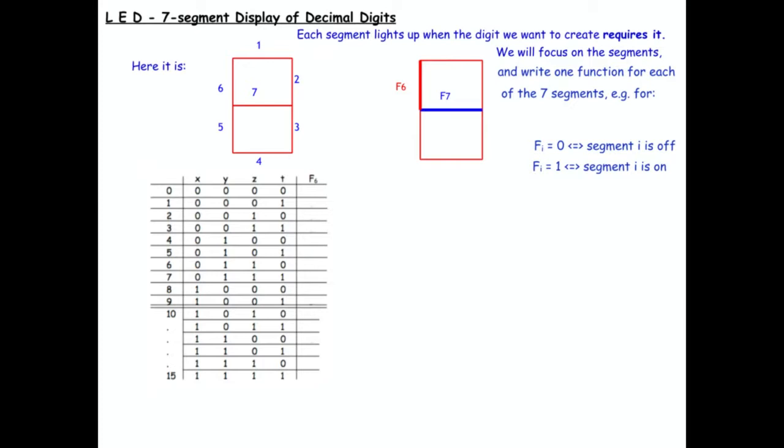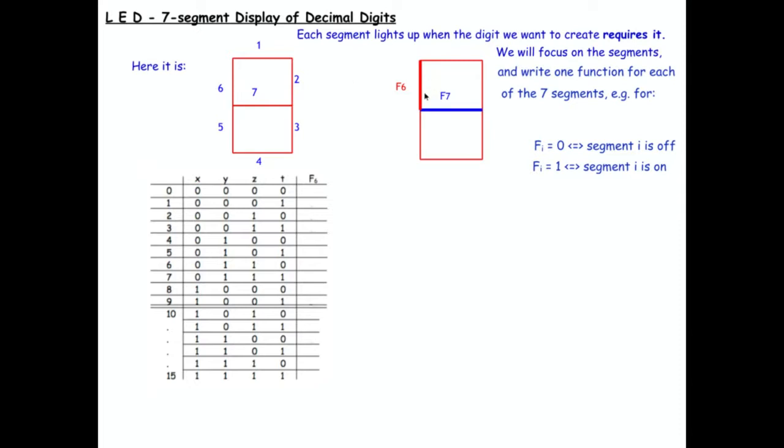And then, for example, let's pick a different number. Let's pick 3. So for decimal digit 3, we need this one to light up, this one, this one, this one, and this one, right? If I want to represent 3 on this display, will 6 light up or not? Anyone? No, it won't. No, 6 will not light up.